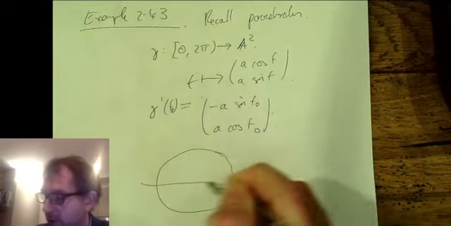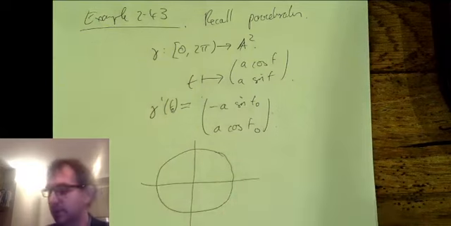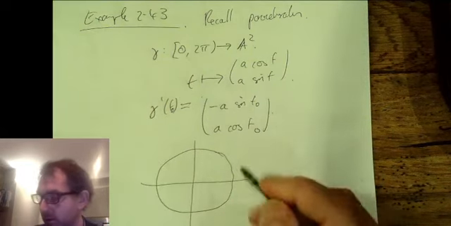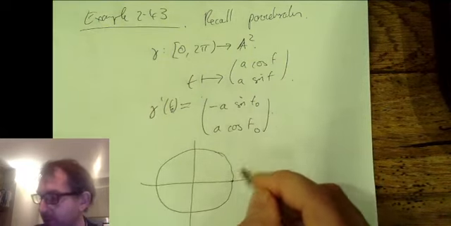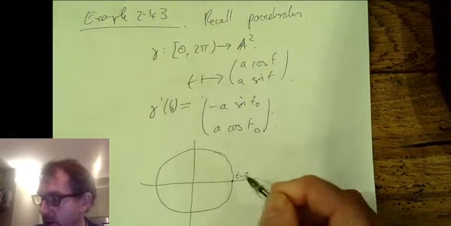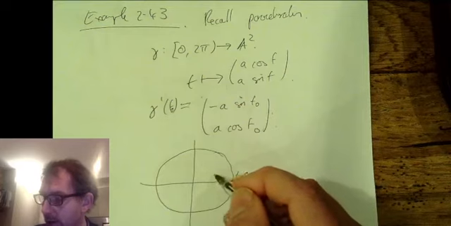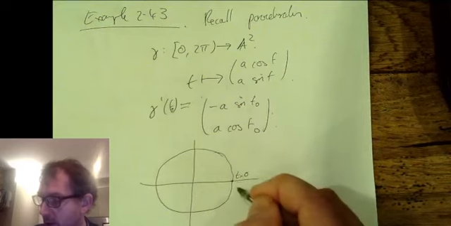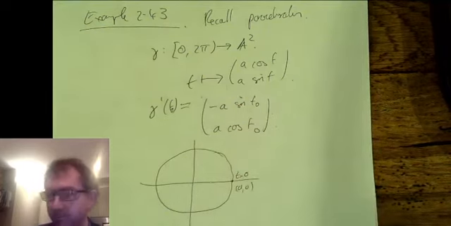And if you were to draw this out, perhaps we'll just take a couple of cases just to make ourselves happy that this is what's going on. So you remember, this is where we started with t is 0 and we hit the point (a, 0).